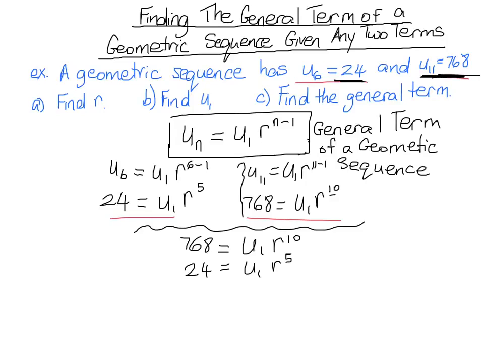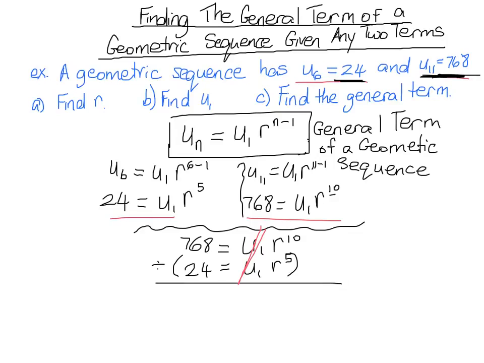In order to solve this, we want to eliminate one of our variables. If we divide these two equations by each other, we will automatically eliminate U1.